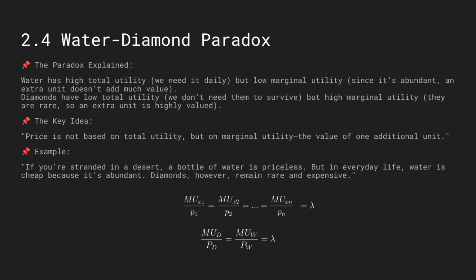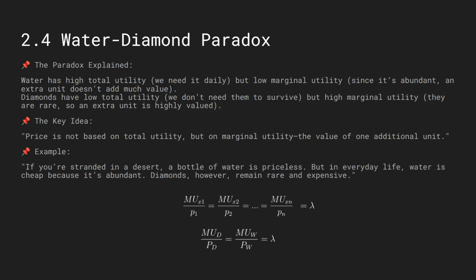And we can see this in the equations at the bottom. Previously, we have seen that the ratio between the marginal utility and price for any good always stays the same.